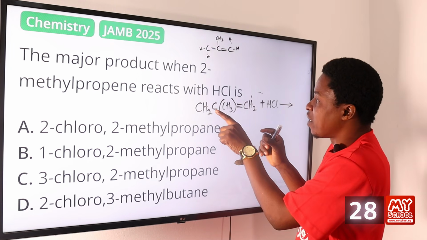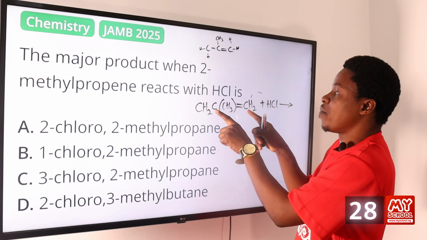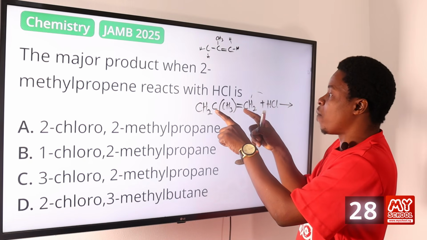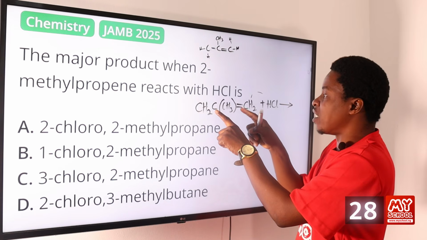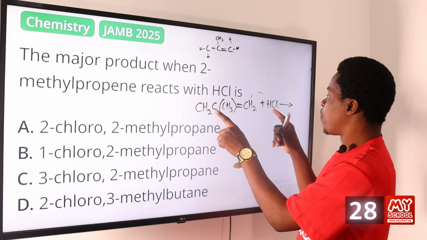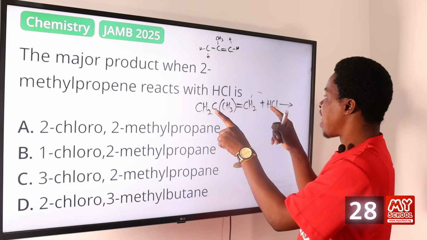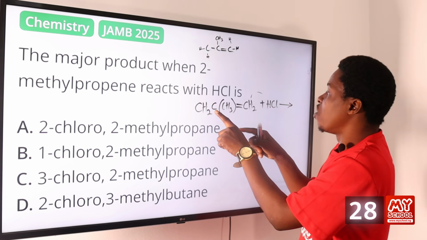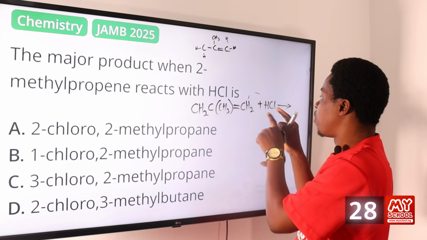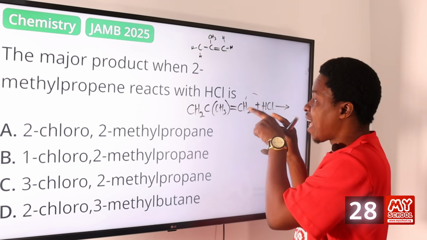We have this carbon atom here and this carbon atom here. The two atoms are going to split, and one of them attaches to one side, the other, the halogen itself, attaches to the other.